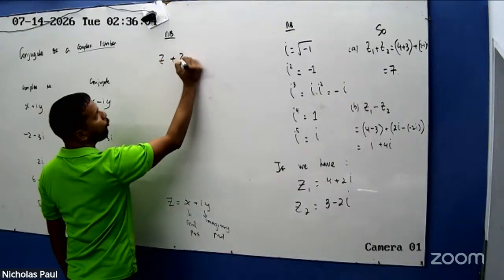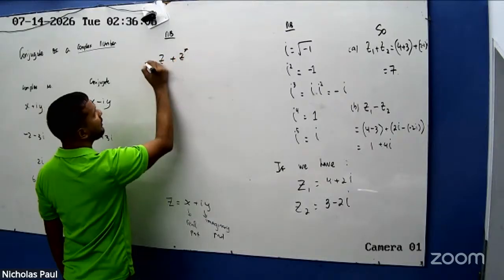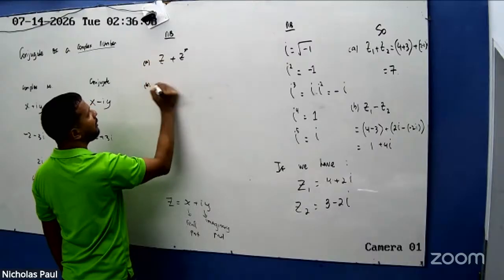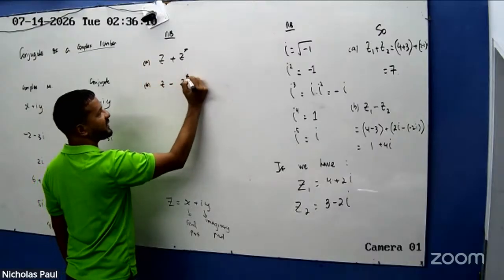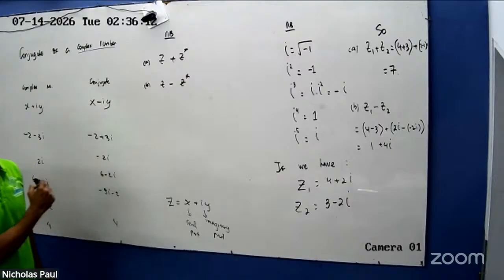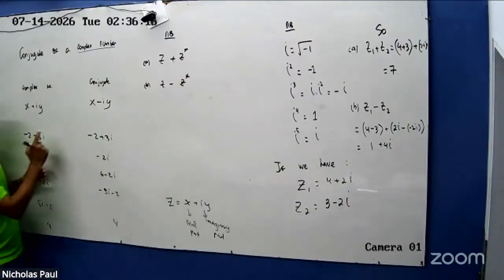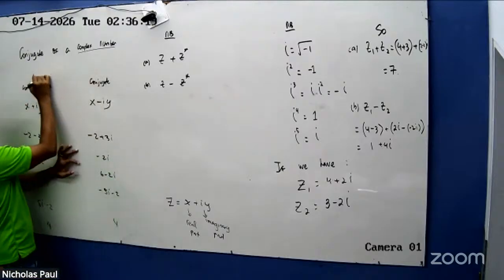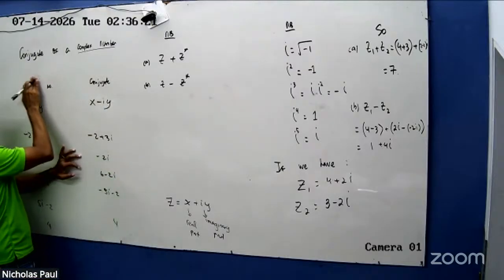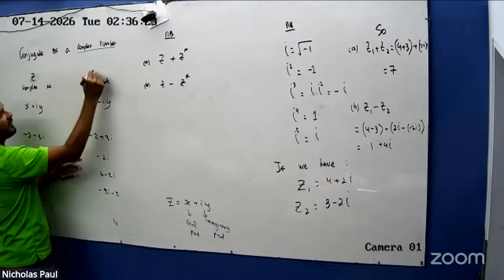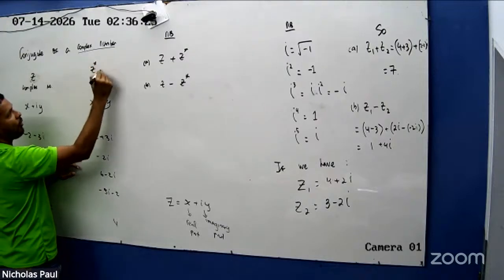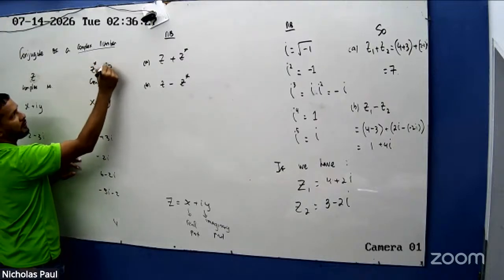Write down what is Z plus Z star, and write down what is Z minus Z star, all the time. This is Z and this is Z star, or sometimes you will see Z complement.